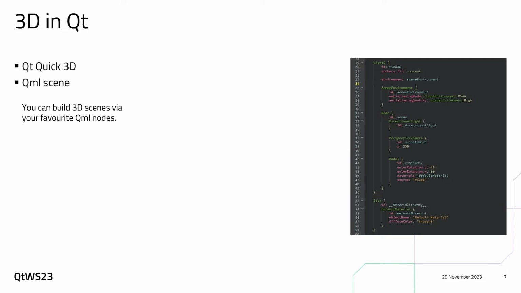Okay, just as a reminder, let's take a closer look. How can we build these 3D scenes in Qt? Of course, we can use QML for describing the object hierarchy and its properties.